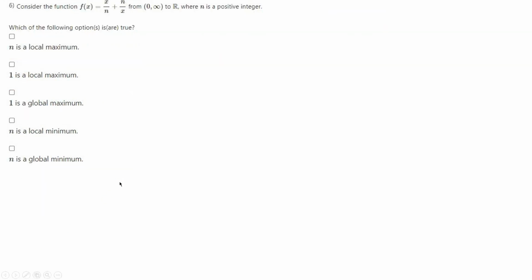Moving on, question 6. We have a function f of x equal to x by n plus n by x in the interval 0 comma infinity, where n is a positive integer. Okay, so now again same method, we'll have to find out f dash of x. 1 by n is constant, so differentiation of x is 1, we'll have 1 by n plus n is a constant, differentiation of 1 by x is minus 1 by x square.